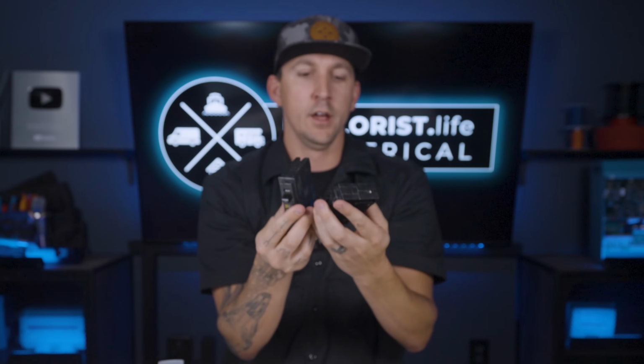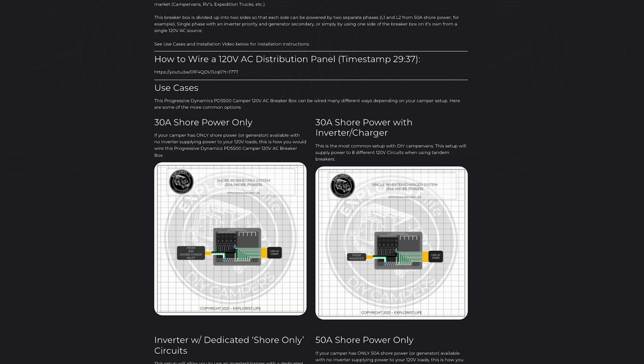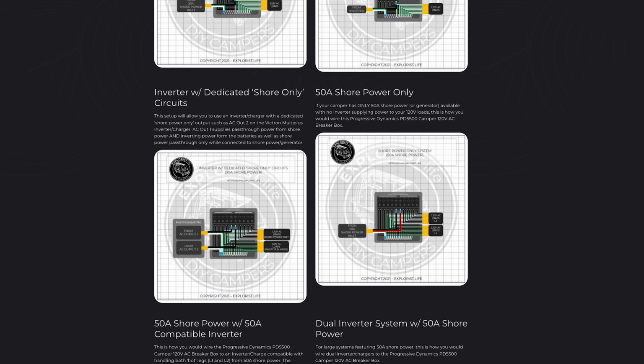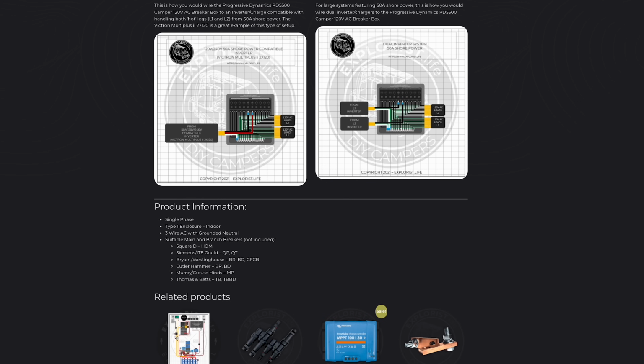So that's realistically the only difference between the two. These are going to be for all of the AC circuits in a system, and you can see that in all of our wiring diagrams at shop.explorist.life in the 120 volt AC breaker box that's protecting all the standard household outlets throughout a camper or off-grid electrical system build.